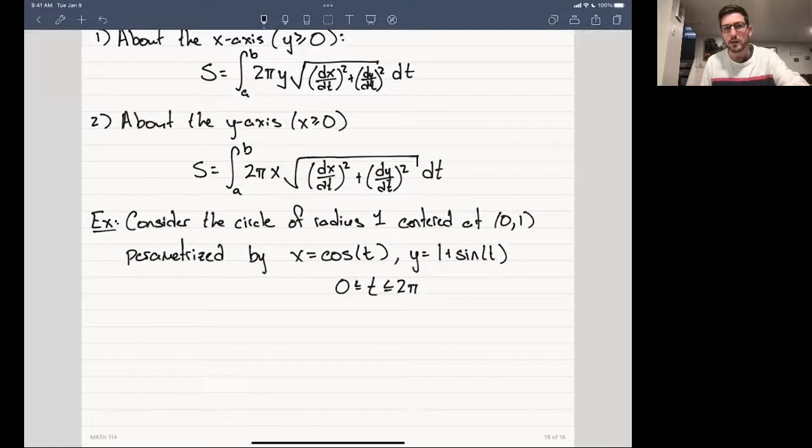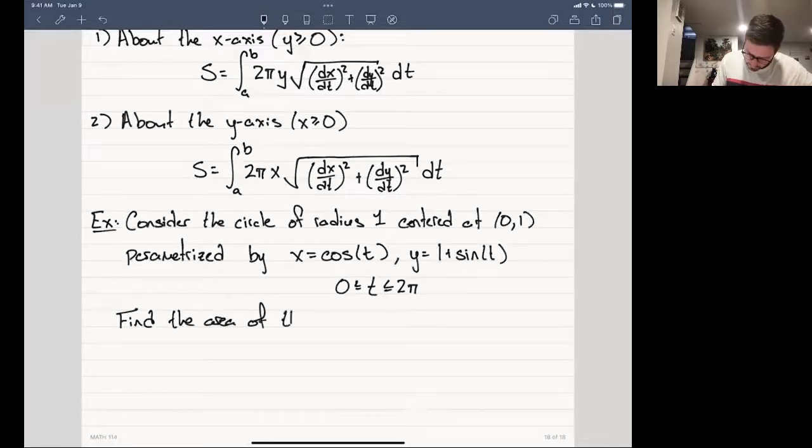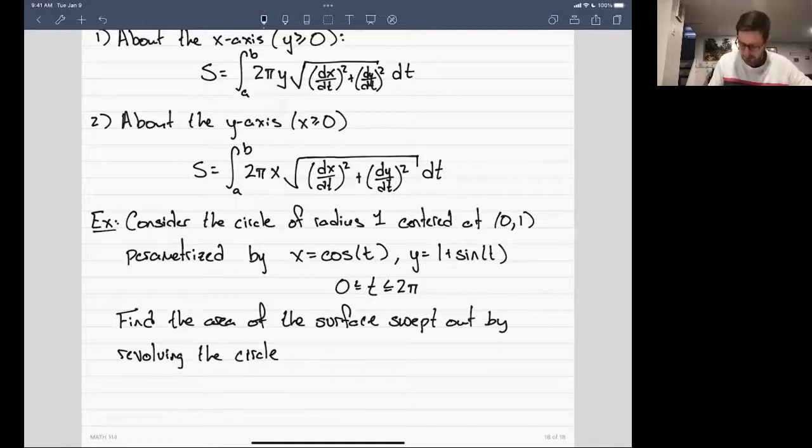And then use this to, let's say, find the area of the surface swept out by revolving the circle about the x-axis.